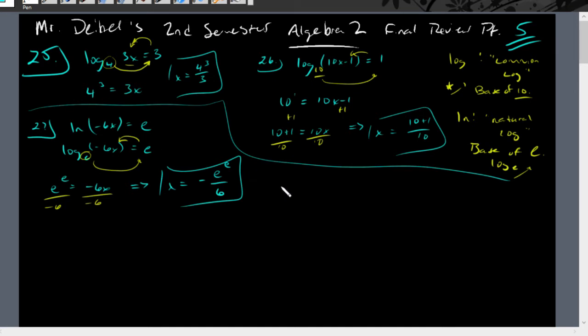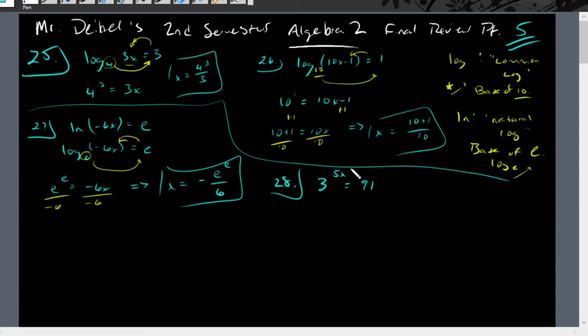Moving on to number 28. This is going to be a long section, so be prepared. So 28 is our first problem that starts in exponential form. 3 to the 5x equals 91. So what we want to do is go backwards.